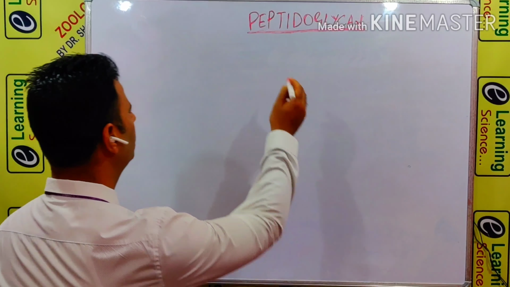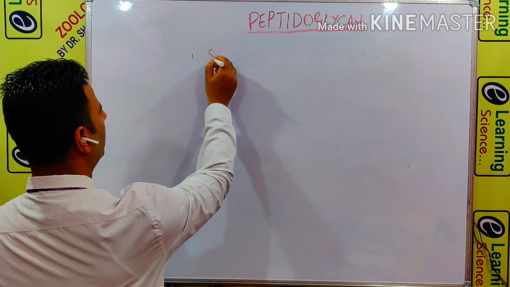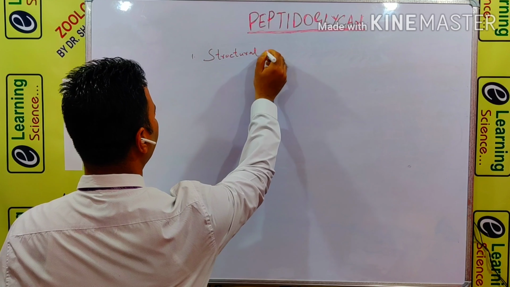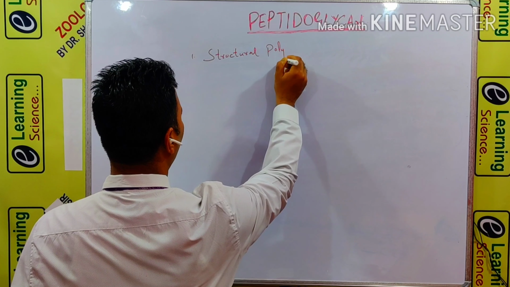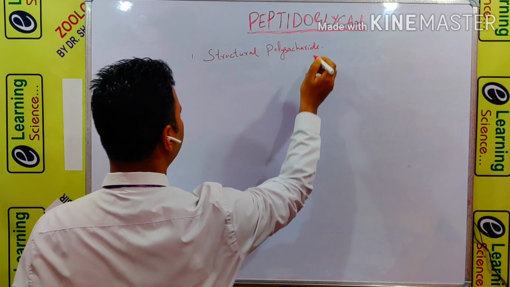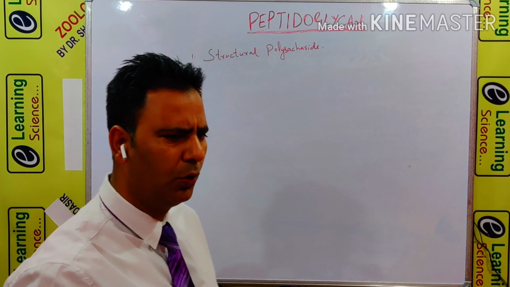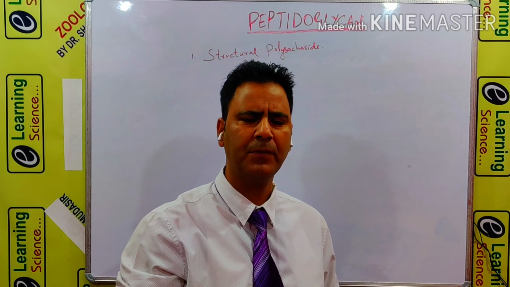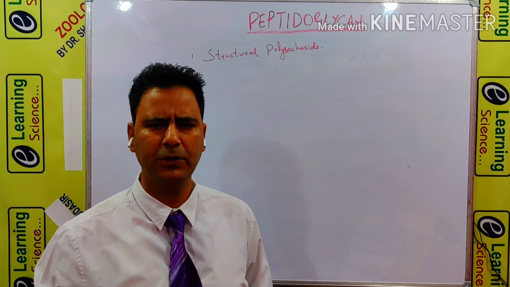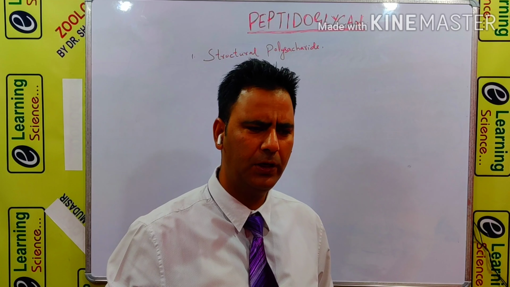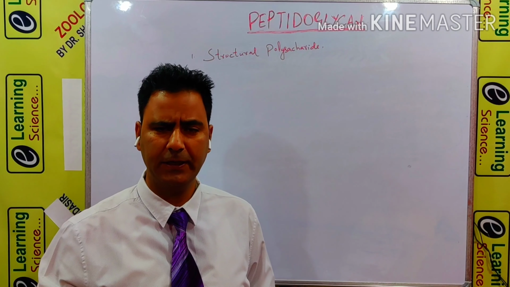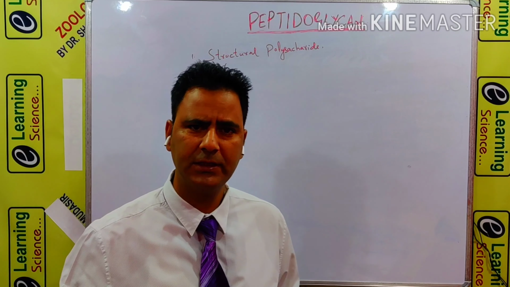First of all, peptidoglycan is a structural polysaccharide. I told you we have two types of polysaccharides: one is the homopolysaccharide and the second is the heteropolysaccharide. Homopolysaccharides we have discussed, and heteropolysaccharides are made up of more than one type of monomeric unit. Examples include hyaluronic acid and chondroitin sulfate.